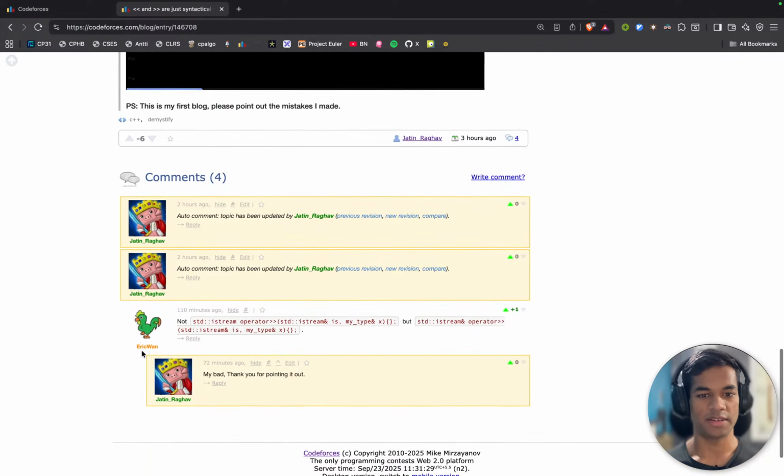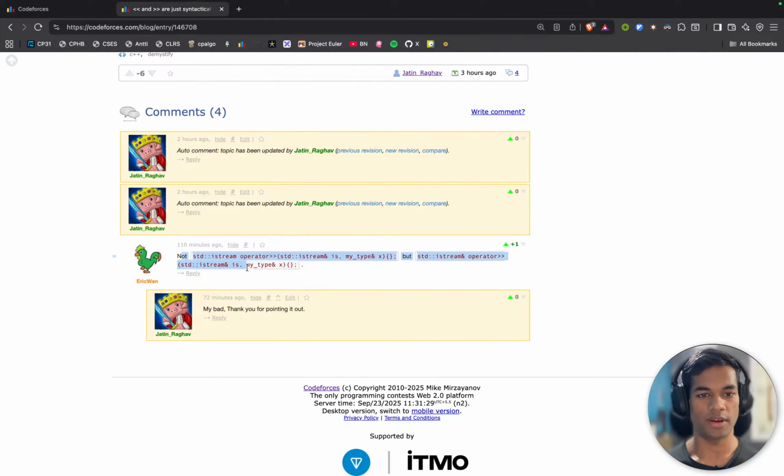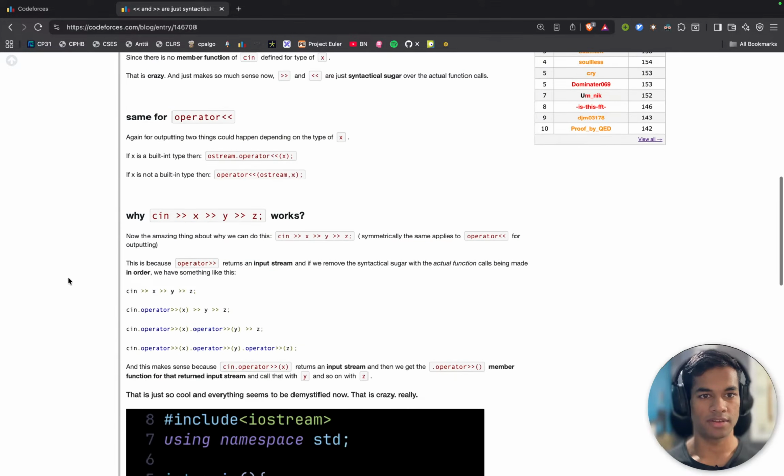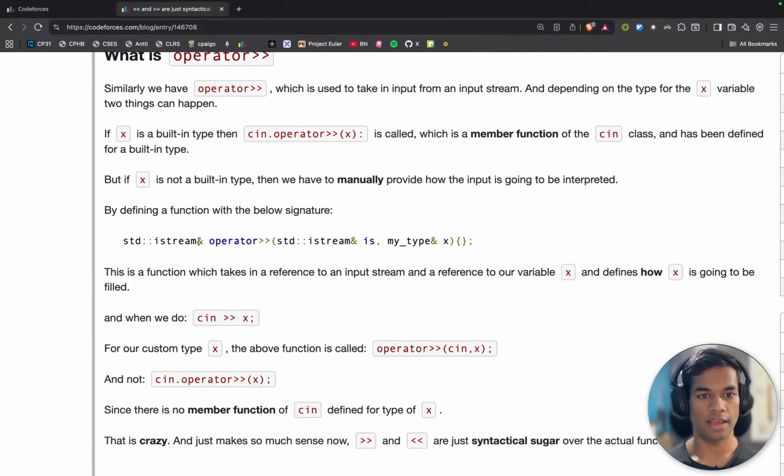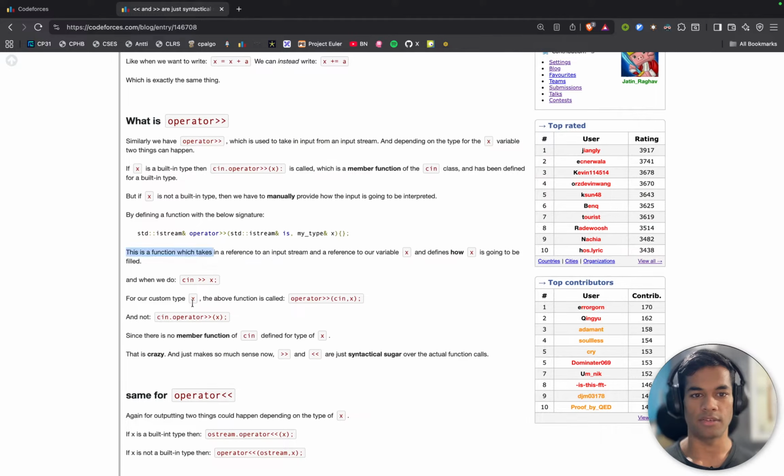This guy pointed out an error, which is nice. First I had this here and not that, because this has to say that the returned input stream is a reference. But yeah, that is cool. I didn't write it before, but now it is here.